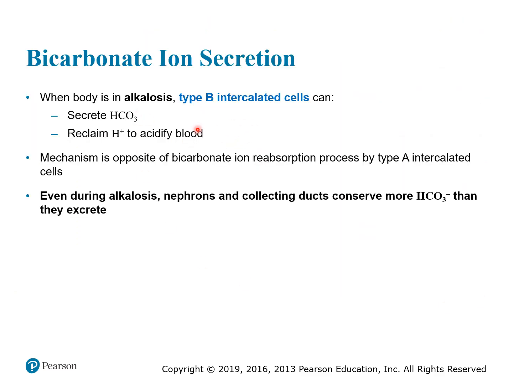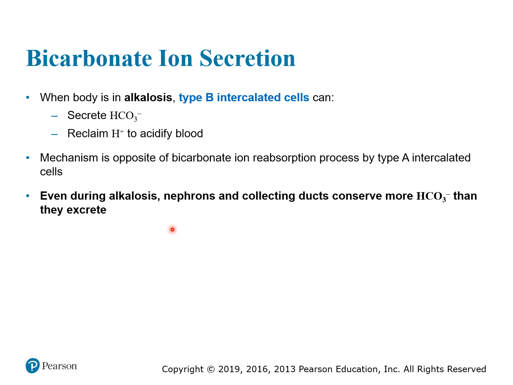Now we talked about what happens in acidosis in the intercalated cell. When the body is in alkalosis, type B intercalated cells can do the opposite. They can secrete the bicarbonate into the lumen, and they can reclaim the H plus to acidify the blood. The mechanism is opposite of the bicarbonate ion reabsorption process by the type A intercalated cells.